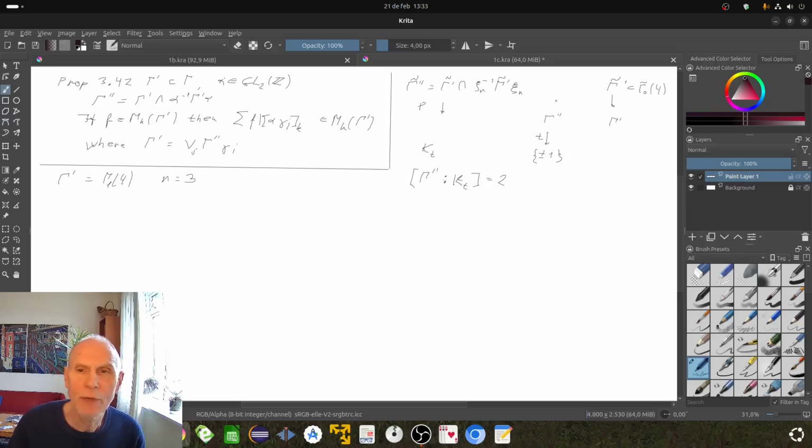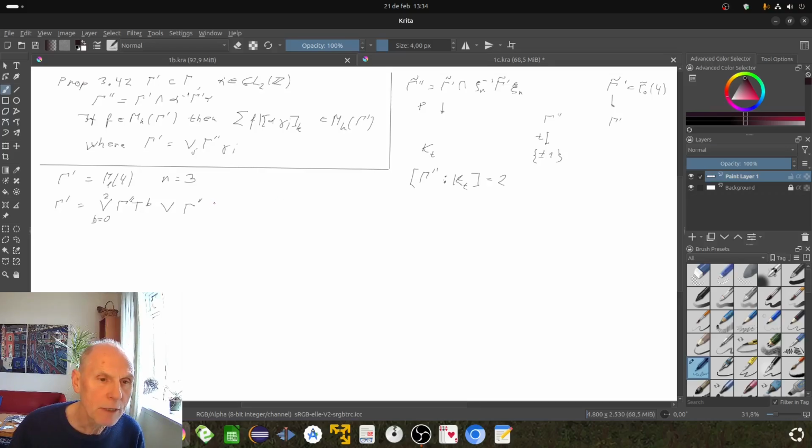We already have written gamma double prime here as a disjoint sum of right side classes, and then the last one I should have it here.